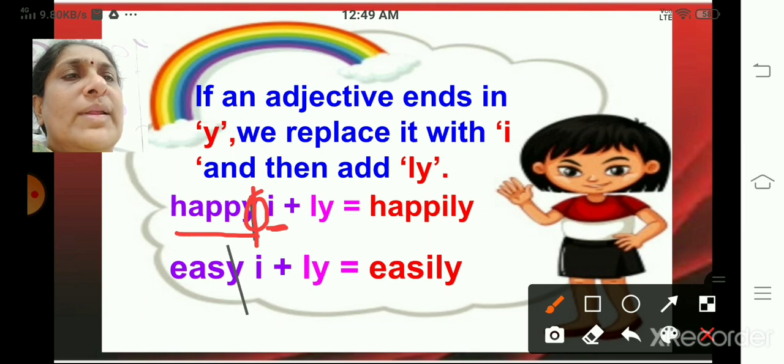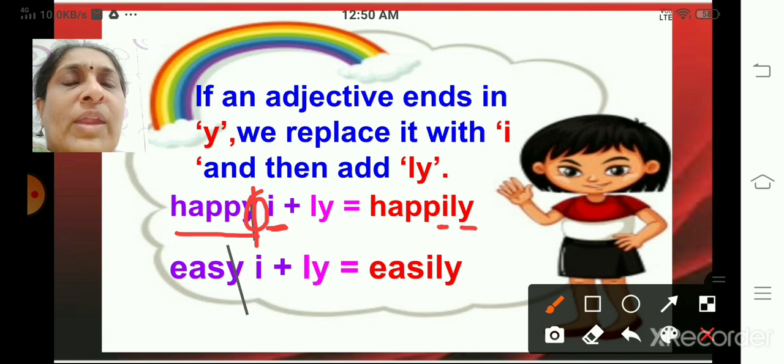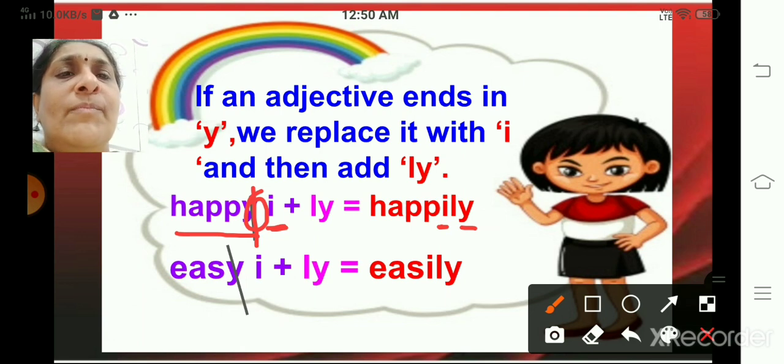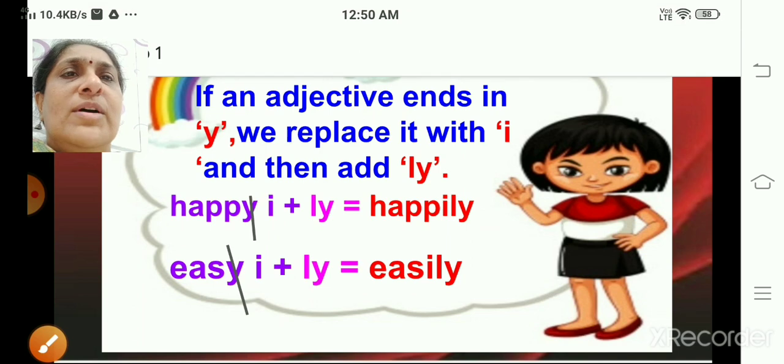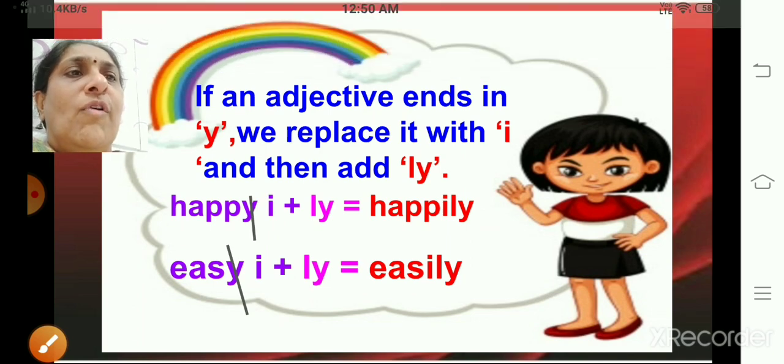H-A-P-P, instead of y, we have added i and then we have added ly. Same way, see the next one. Easy: instead of y, we add i and then add ly. It becomes easily. So this is how adverbs are usually formed.